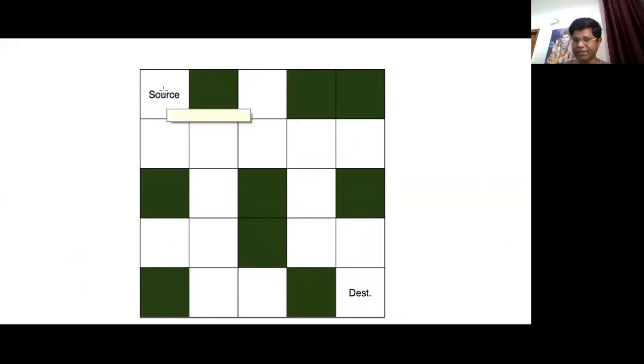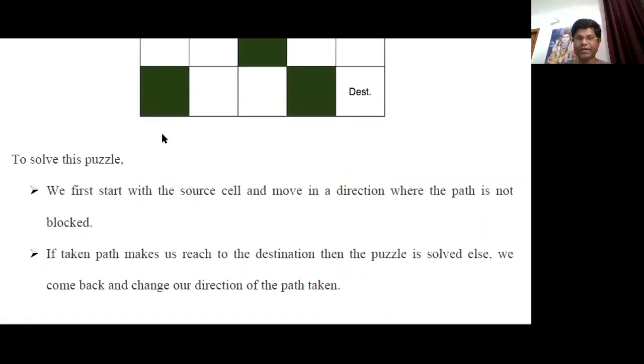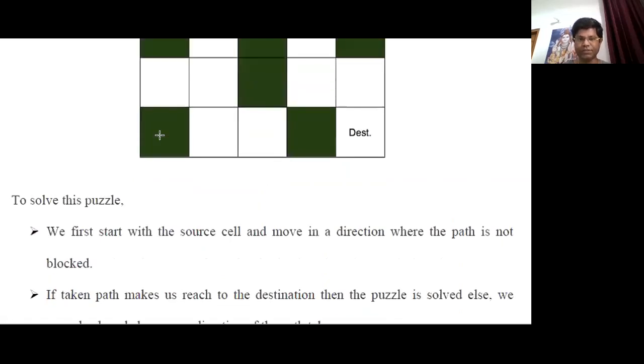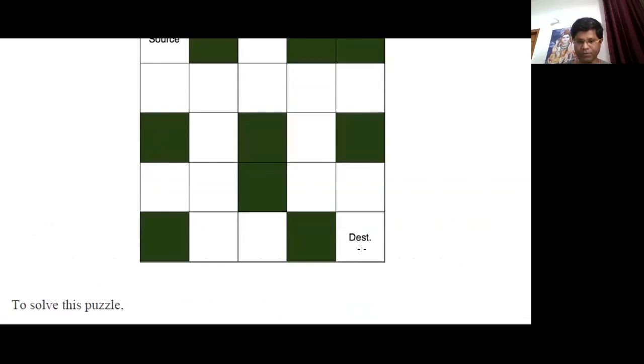The only movement allowed here is one cell downward, that is at this place. If the taken path makes us reach the destination, then the puzzle is solved. It means if we start from source, use the white cells where movement is allowed, and reach the destination, we can solve our problem.